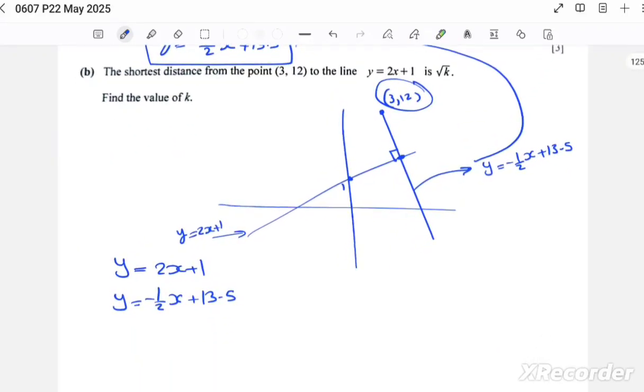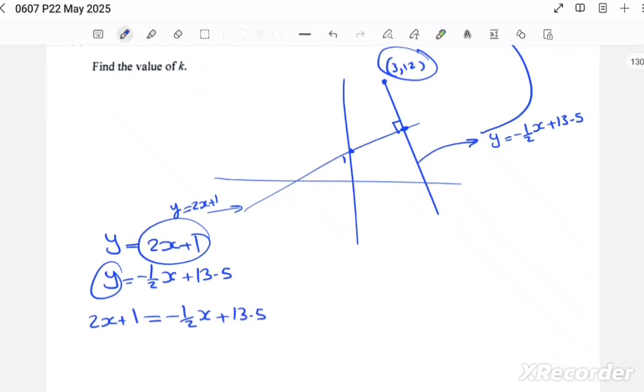Now we need to substitute from the first one into the second one. So 2x plus 1 equals negative 1 half x plus 13.5. In this case, if you collect the like terms on one side, 2x plus 1 half x equals 13.5 minus 1.